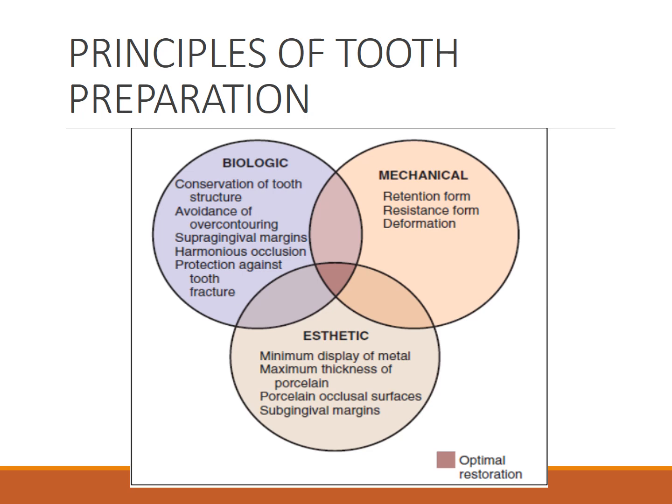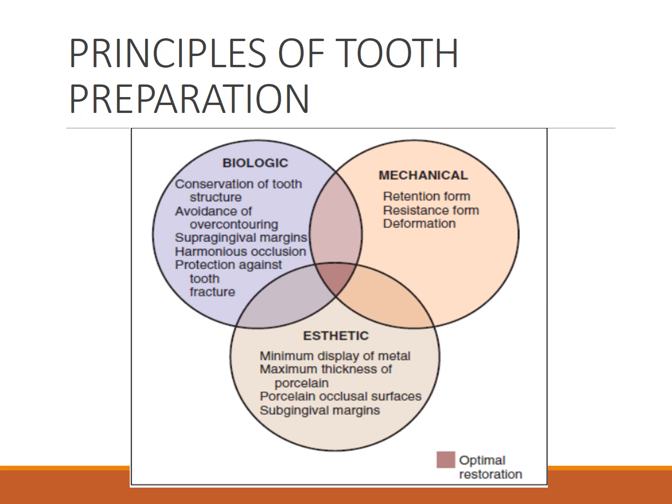If you're doing a maxillary, you should have a proper occlusion with the mandible. There should be proper clearance. The reduction should be proper. And you should not reduce too much, so that you have a thin enamel layer or dentin layer hanging, which will lead to fracture. So basically, these are the biologic principles.